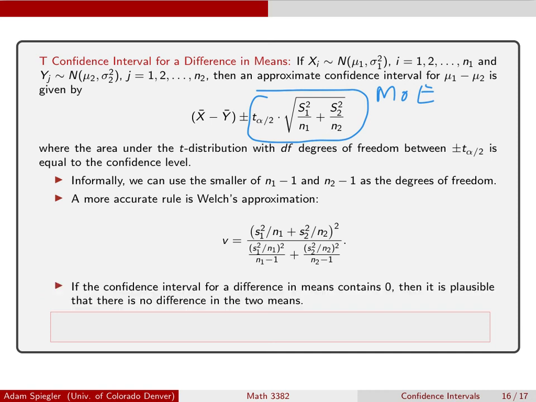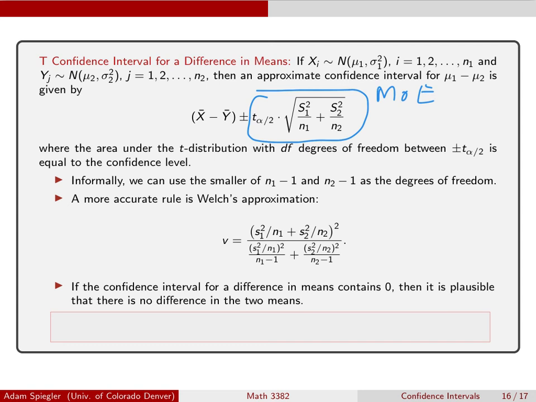And so when we're working with an estimate for a difference in two means, usually what we're interested in is whether or not there seems to be some difference in these two means. So when we're interpreting our confidence interval at the end, what we might want to look for is whether or not 0 is inside of our confidence interval.